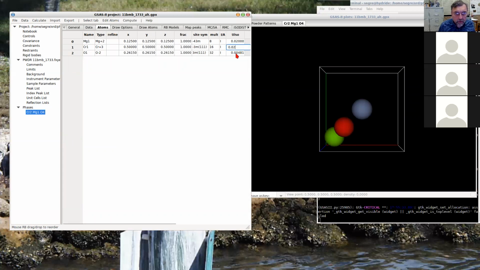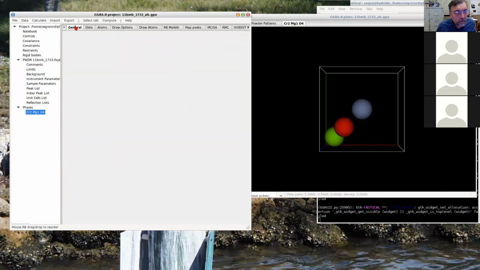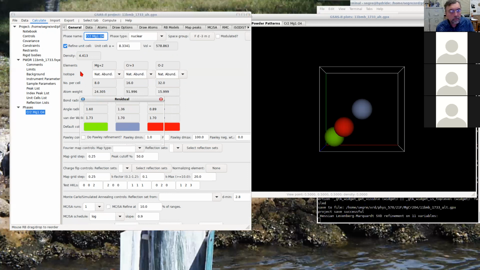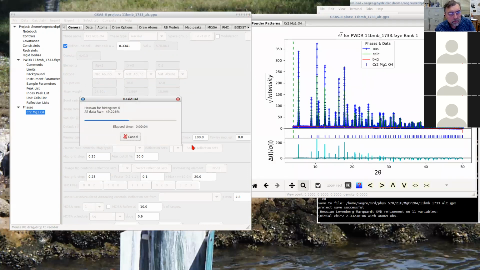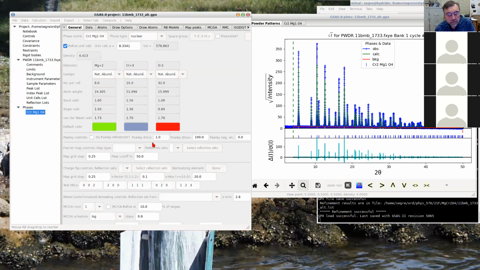This way I get a little head start. And here I'm going to leave these off for the moment. So I've just added the lattice parameter now. And I do a refinement and see how we do.